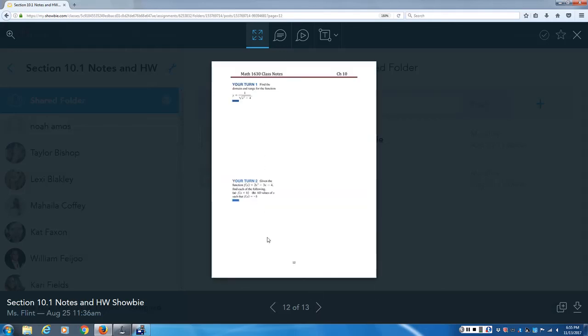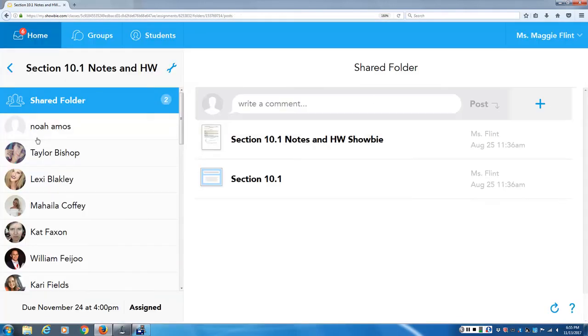Okay, actually, I think there's 4. No, there's just 2. There's just 2 problems on homework for that. And it's asking you questions about domain and range and putting numbers into functions. So that's all I've got up there right now.